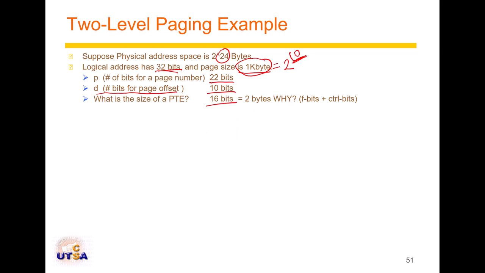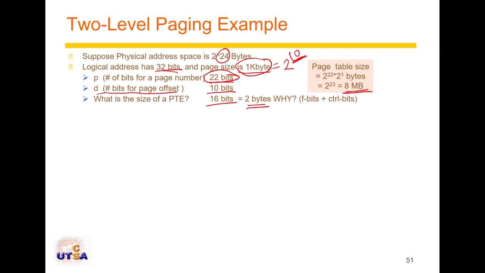Okay, so with that, what will be the size if I just create a single level page table? Remember, each entry is 2 bytes, and all I need to figure out is how many entries I have. I have 2 to the power 22 pages. So the total size of my page table is going to be 2 to the power 22 times 2 bytes, which is almost 8 megabytes.